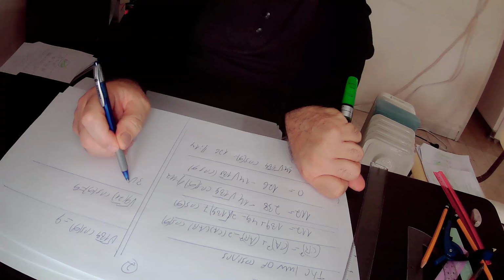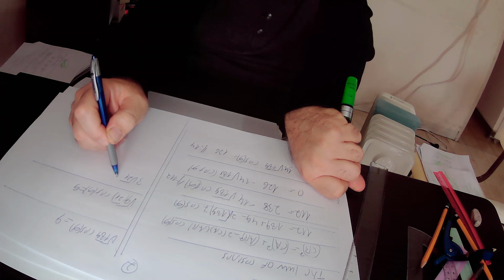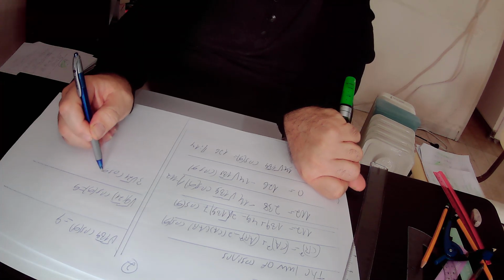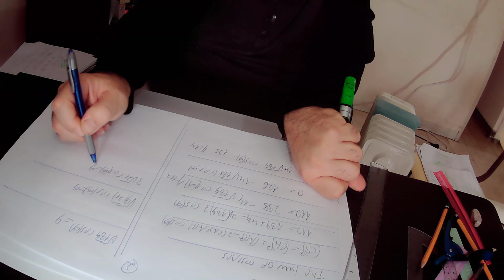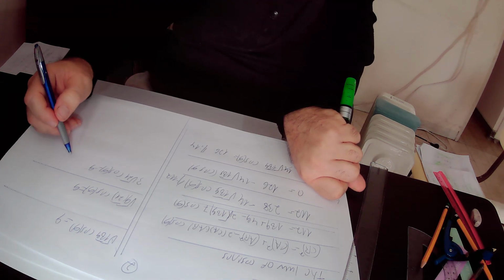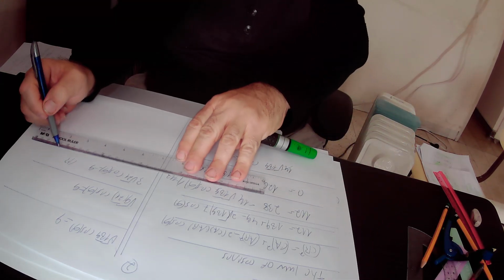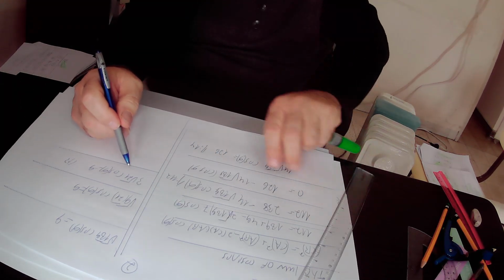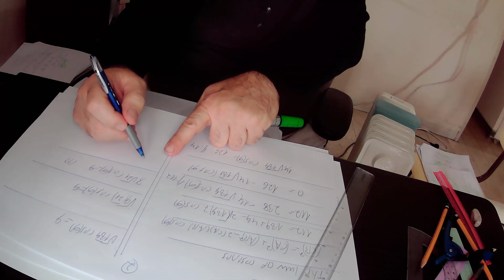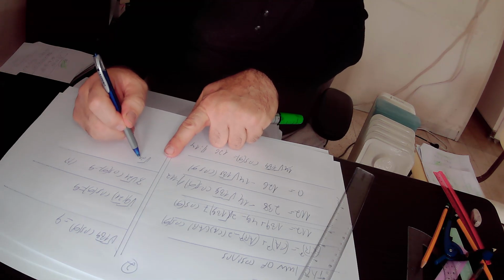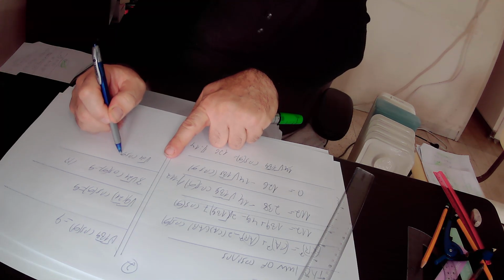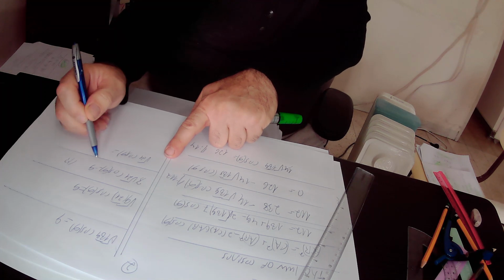Inside the root we are left only with 21, times cosine alpha equals 9. Here we'll divide this equation by 3. The 3 will get cancelled, and we are left only with square root of 21 times cosine alpha equals 9 over 3, which is 3.